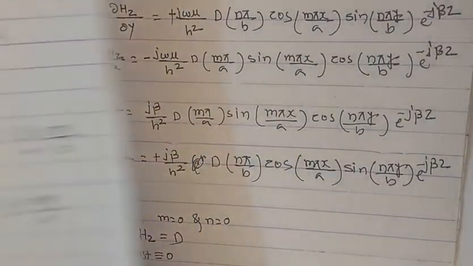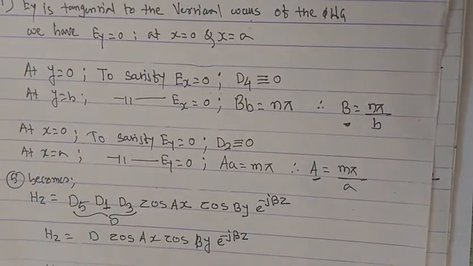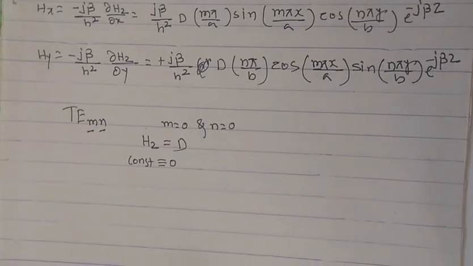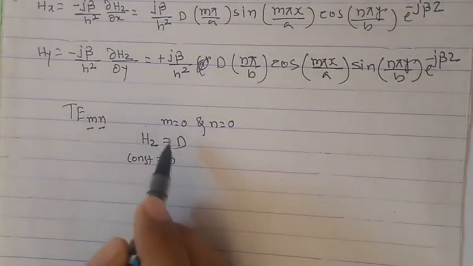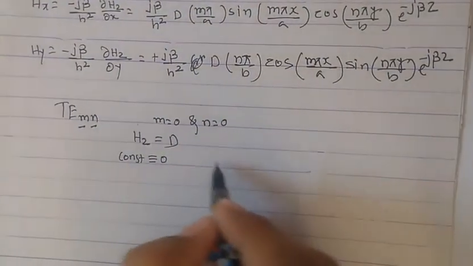So that is what we are trying to understand. So even in case of TE, when m equal to 0 and n equal to 0, this mode is not possible.